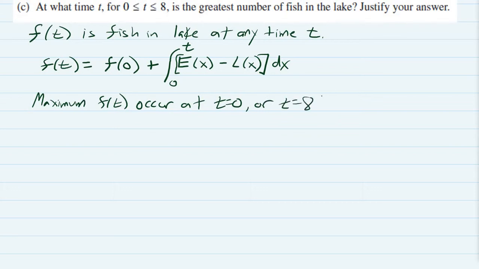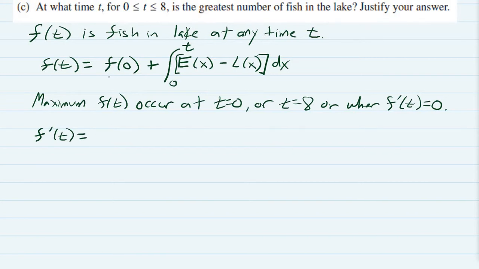I have to check the endpoints because that's where the maximum could occur, or where f prime of t is 0, which are called, of course, critical points. All right, well, I can find f of 0 and f of 8 straightforward, but let's go ahead and find what f prime of t is, because that's what I'm going to set equal to 0 to find my critical points.